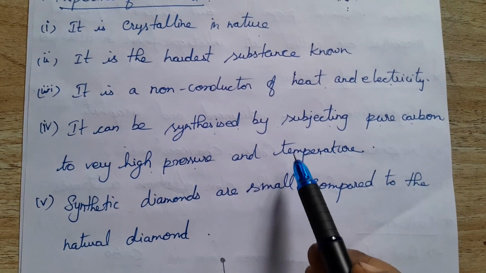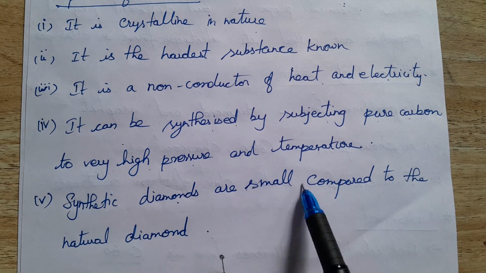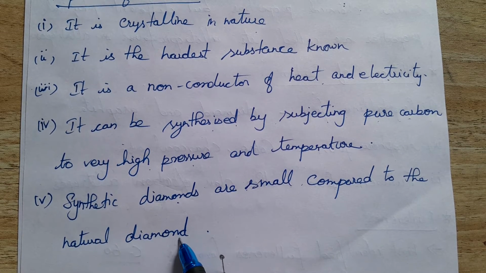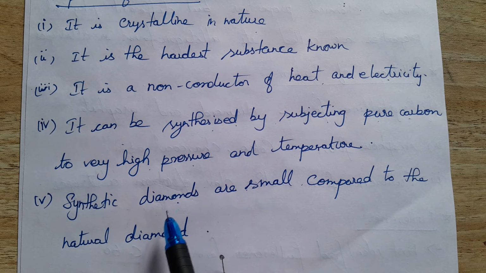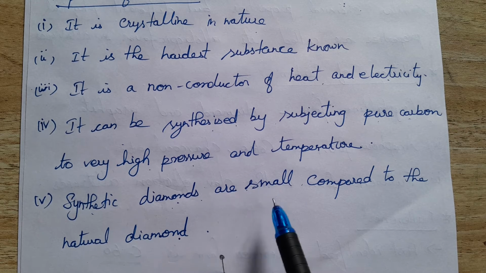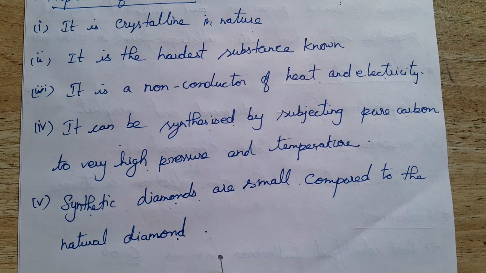Then what is the difference between the synthetic diamond and natural diamond? The synthetic diamonds are very small compared to the natural diamond. Otherwise there is no difference. These are the properties and structure of the diamond.